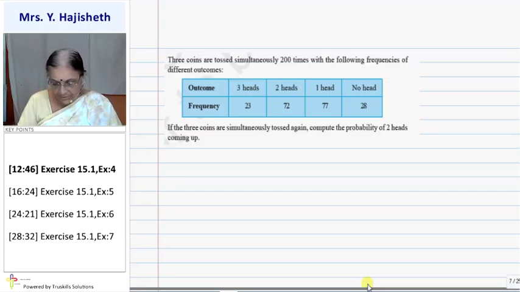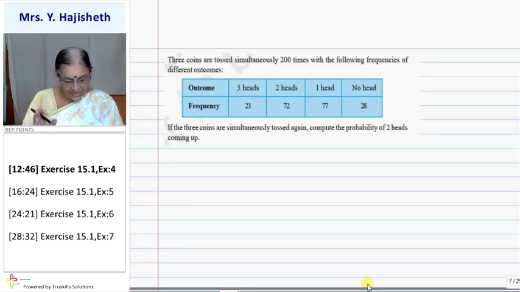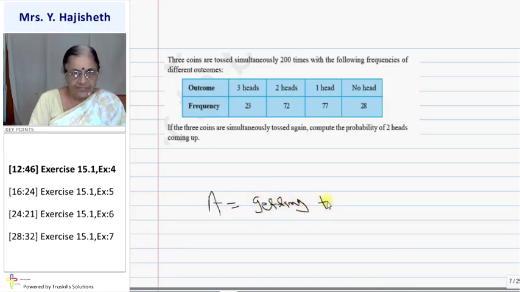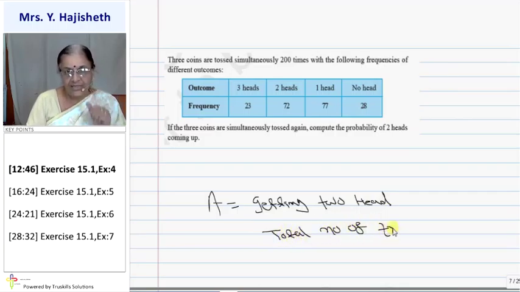If the 3 coins are tossed together again, compute the probability of 2 heads coming up. Now, suppose I call A is an event of getting 2 heads. Then total number of trials are 200 times, okay?